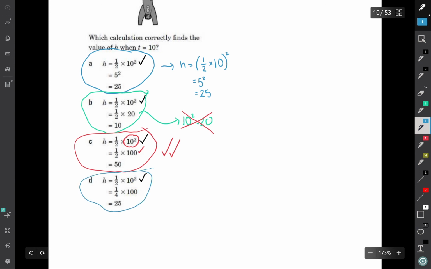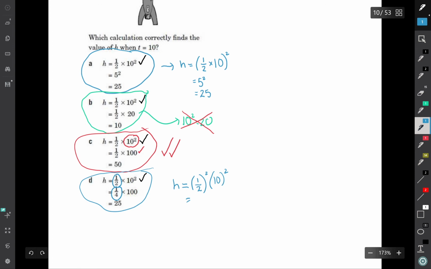Again, I see a mistake here. They go from times 1/2 to times 1/4. So what they did, oh, I see what they did. They did h equals 1/2 squared times 100 squared.